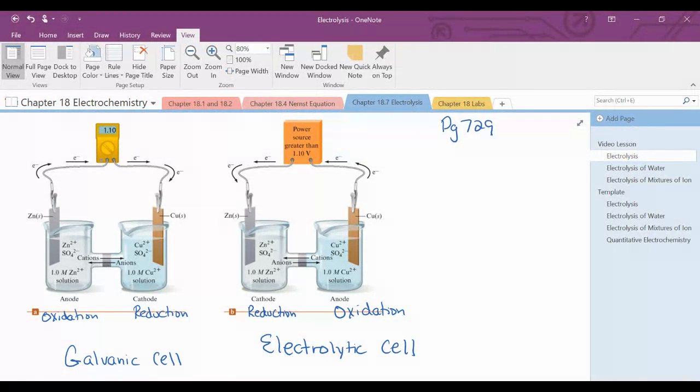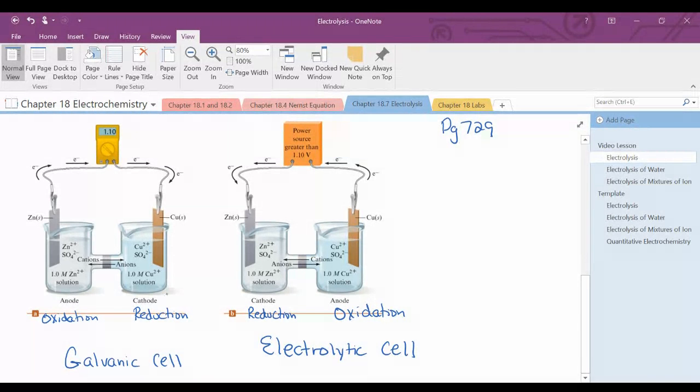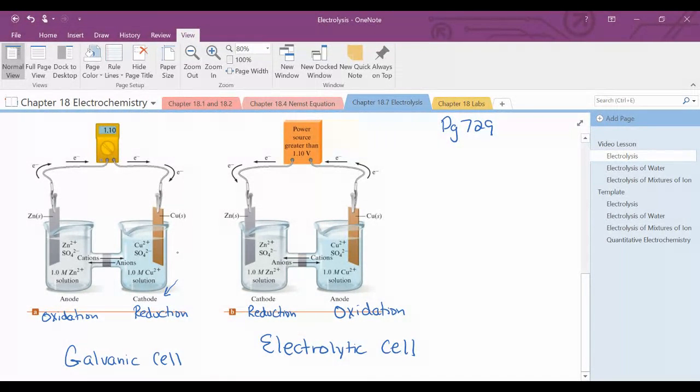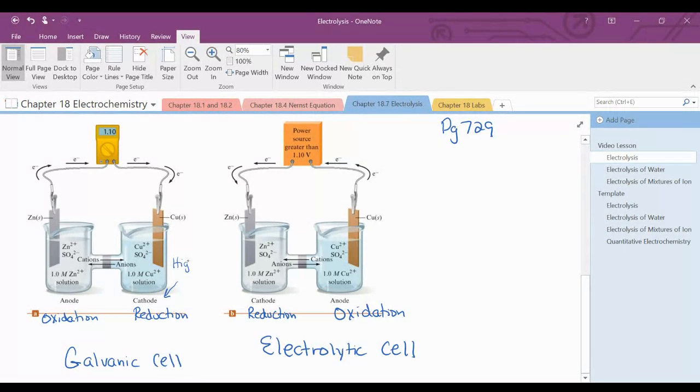We can see that the anions flow to the anode and the cations flow to the cathode in both cells. What is different is that in the galvanic cell, at the cathode, we put the solution with the ions with a higher reduction potential.